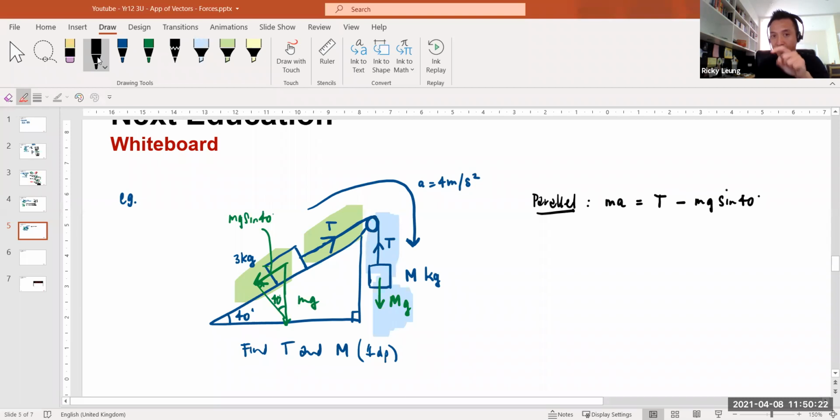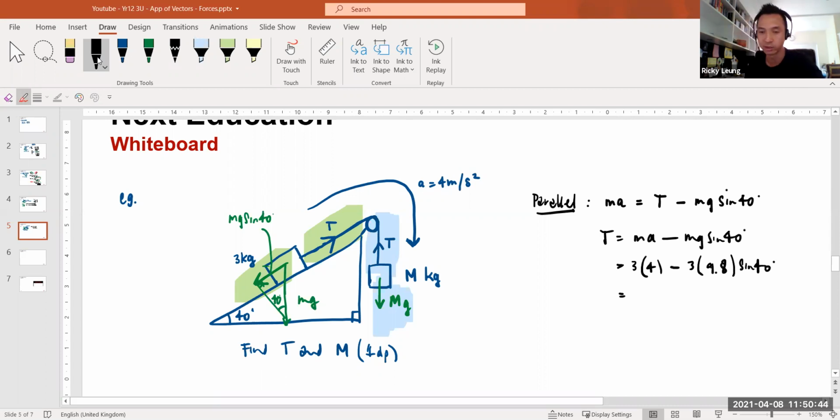What am I trying to do? I want to make T the subject. So T equals ma minus mg sine 40, and I have all these values. m is 3, a is 4, minus 3 times 9.8 times sine 40. Punch it in your calculator. What did you get? 30.9 newtons, for the value of the tension.